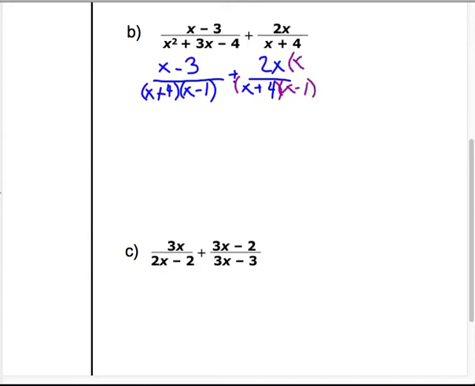So I'm going to multiply numerator and denominator by that. Again, distributing in the numerator, leaving the denominator factored. So I've got x minus 3. And in the second numerator, when I distribute, I get 2x squared minus 2x, leaving my denominator factored.